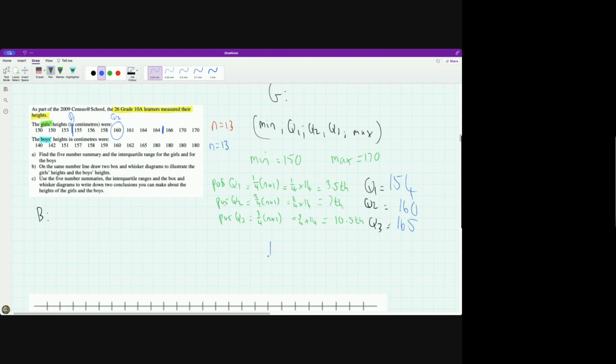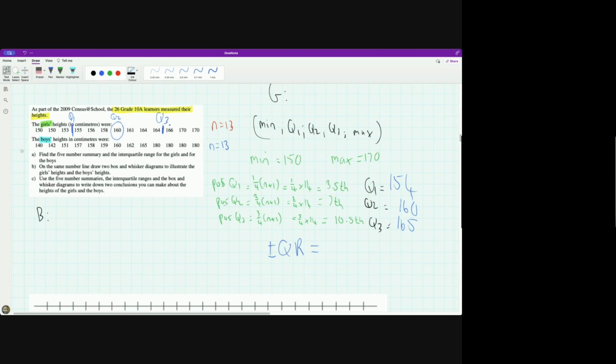What is your interquartile range going to be for girls? Who can work that out from the chat? Can you remember what the interquartile range is?